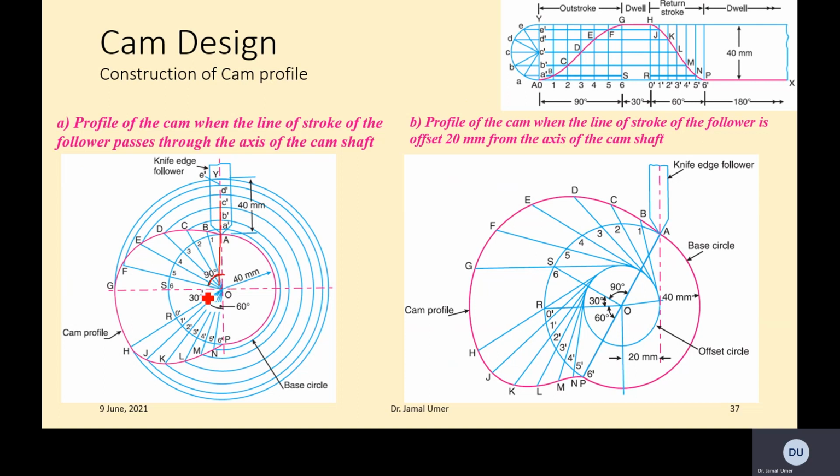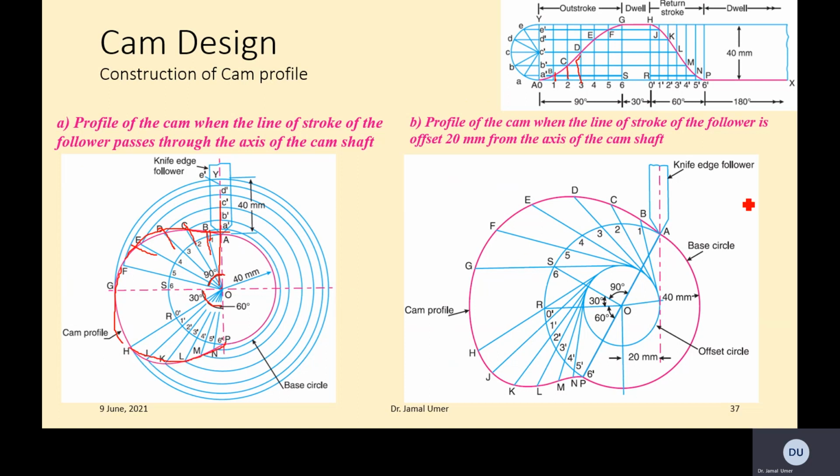You make 90-degree, you make 30-degree dwell and a 60-degree return. For the 90-degree, you divide into an equal number of parts as we have done, and then you mark this point 1B, which you find from here, for example, and 2C, and then 2D. You mark these and then connect them. You don't need any divisions for the dwell, and you have the return as well. That's the portion you connect.